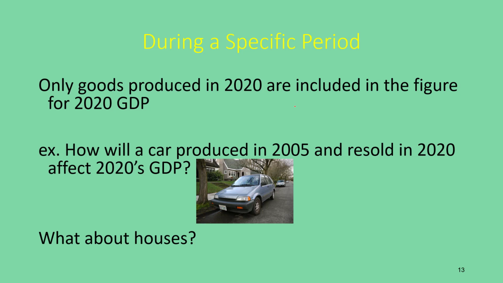But just the value of the improvements alone. So again, the value of the improvements that are capitalized in the final selling price of that home would be included in GDP. But the original selling price of the home would not.